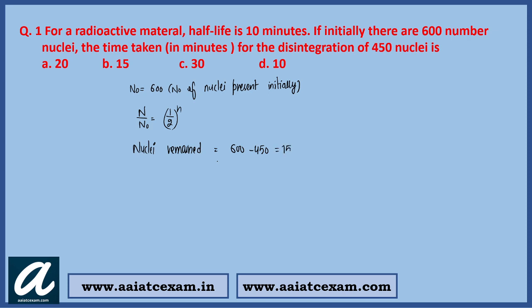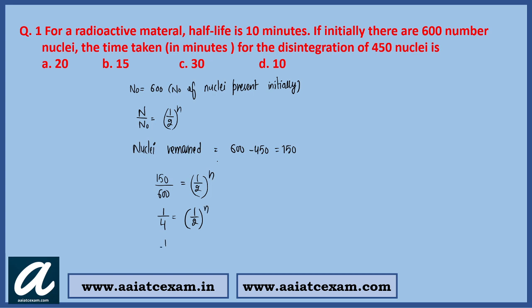So I can say that there are 150 nuclei which have not been disintegrated till yet. So students, I will say 150 by original concentration 600. This should be equal to 1 upon 2 raised to the power n. This will become 1 upon 4.